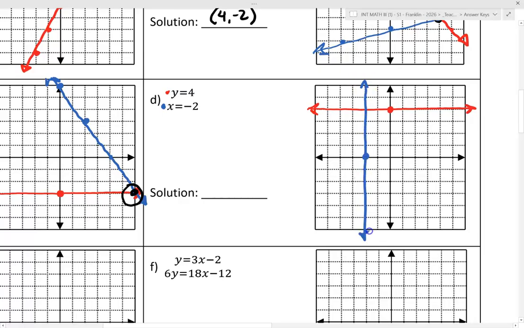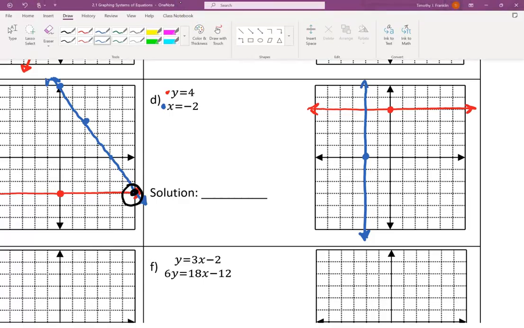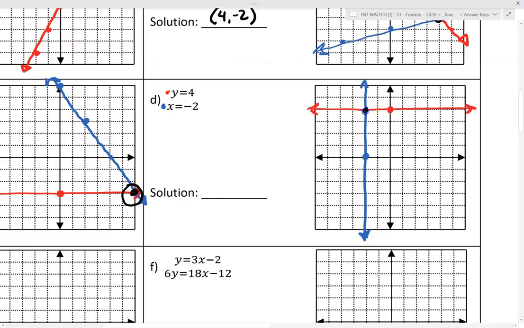So it's the one example where the slope and everything doesn't quite work the same way. We can't really write that in slope-intercept form just because of the nature of that line. So the solution, though, is just (negative 2, 4). And if you notice, that is the same set of numbers that we get from right here. If every y value on the red line is 4 and every x value on the blue line is negative 2, they have to intersect at the point (negative 2, 4).